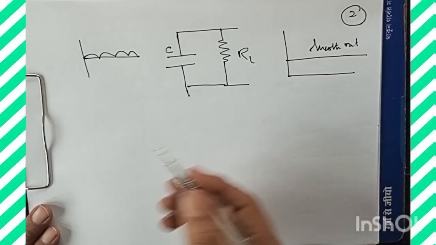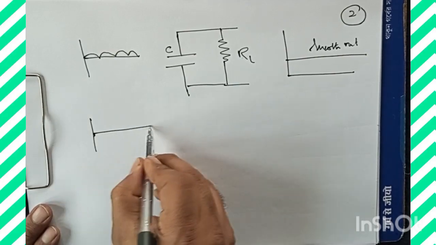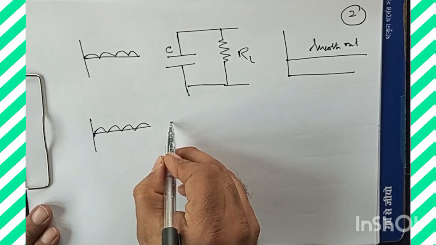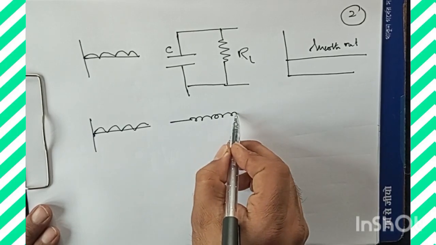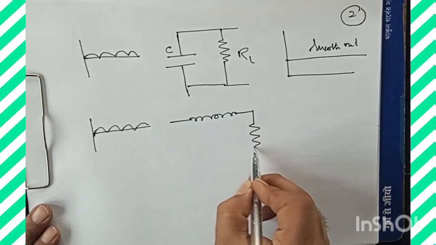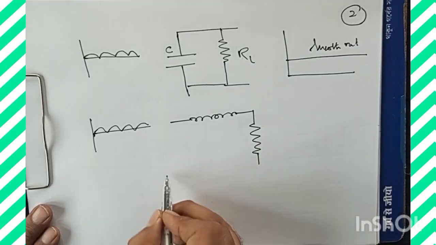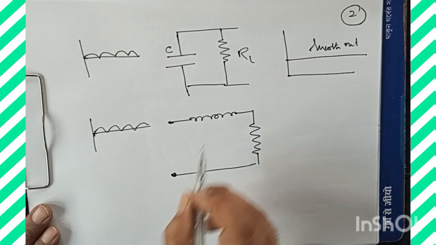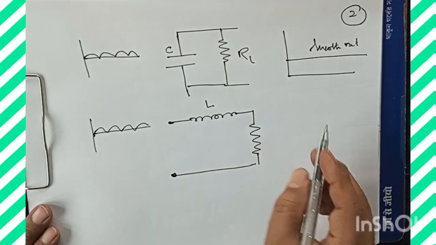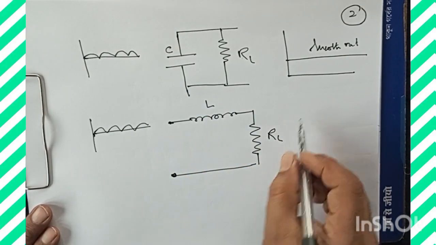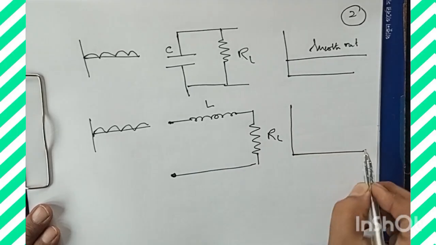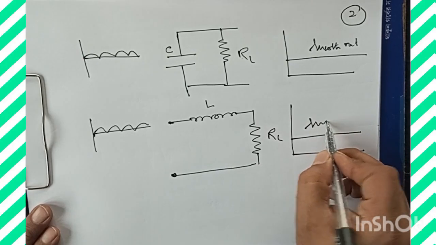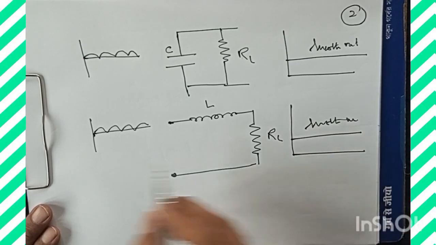We can also have a situation where we have this pulsating output and make use of an inductance L with a resistance RL in series with it. In this case, again, the output that we obtain will be smooth.